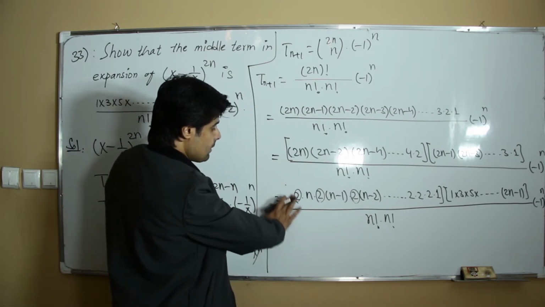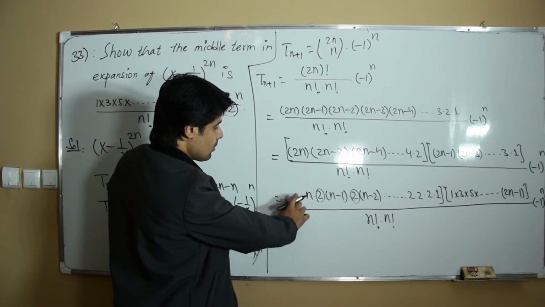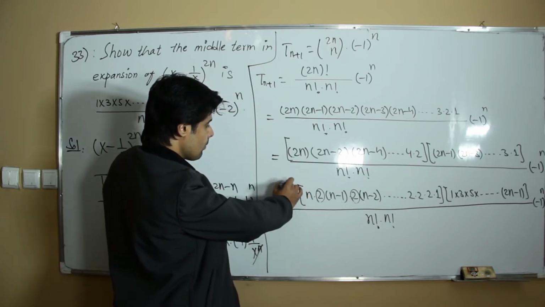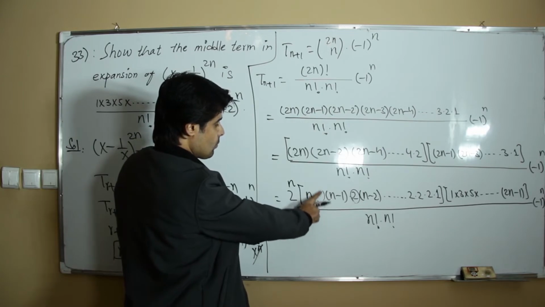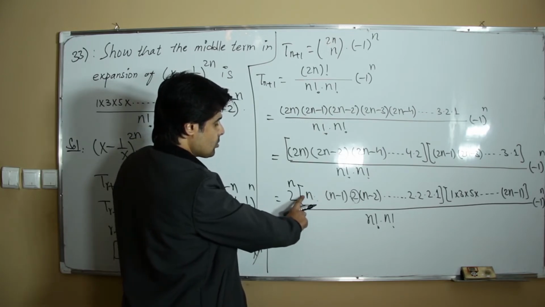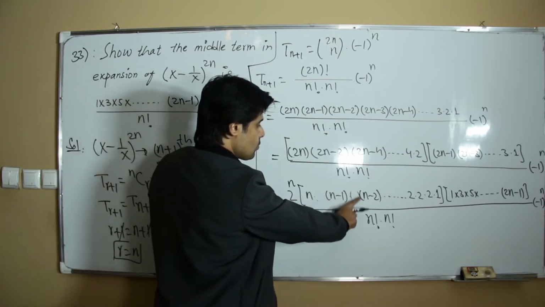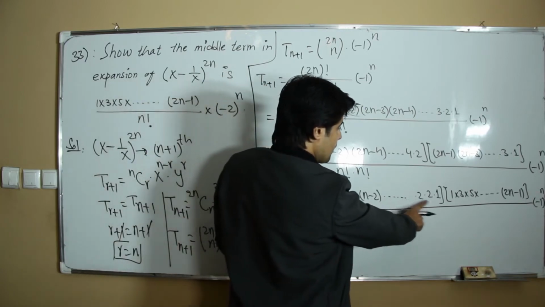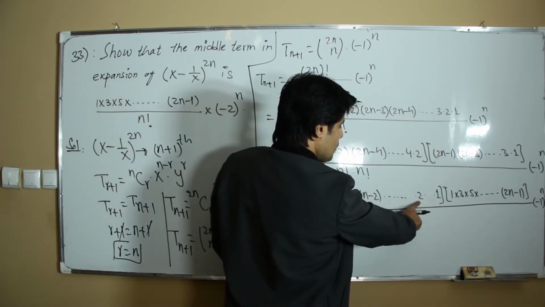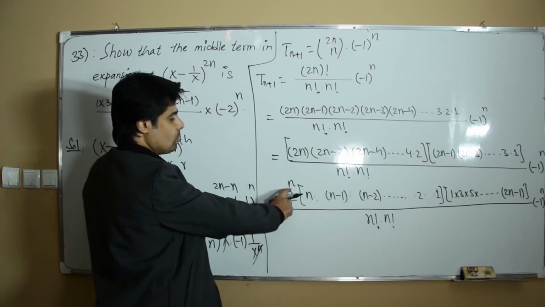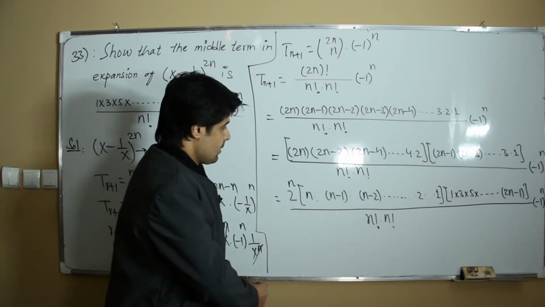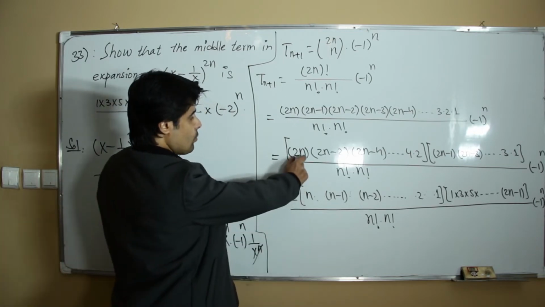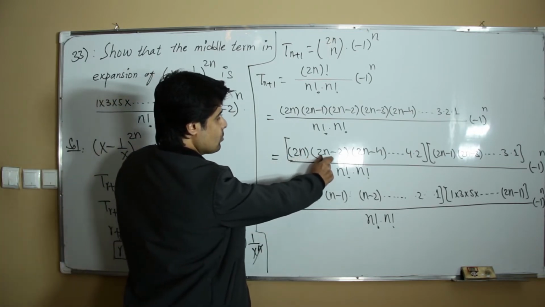So I will write here 2 to the power n. I have to delete this one. Why? Because this 2, with this one and this one, we have n 2s, 2 to the power n. Please listen to me. We have 2 here.